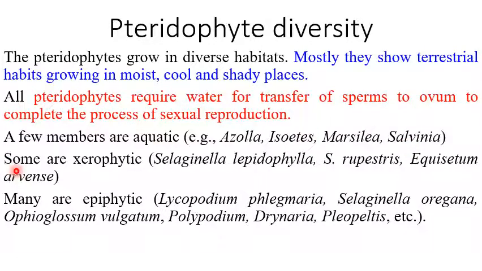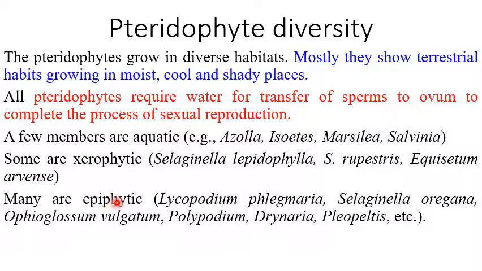Some of the pteridophytes are xerophytic in nature and their examples are Selaginella lepidophylla, Selaginella rupestris, and Equisetum arvense. These are the examples of xerophytic pteridophytes.